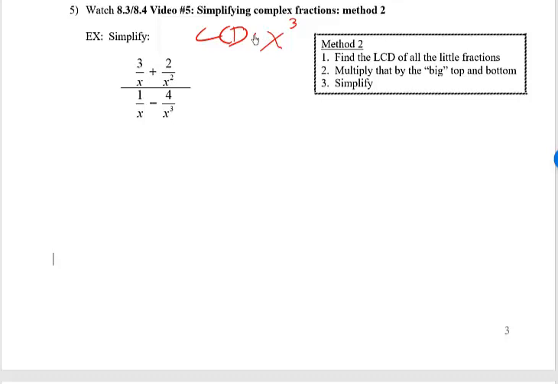Okay, once I have the LCD, then I take that and I go to the big fraction and I multiply the entire top by that LCD, by the x cubed, and I multiply the entire denominator by the x cubed.